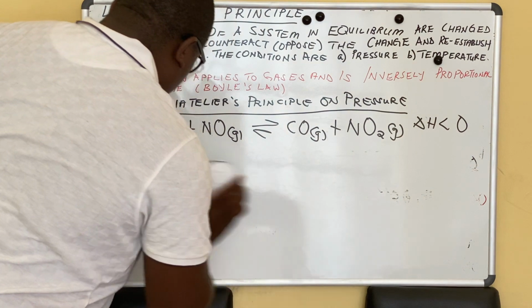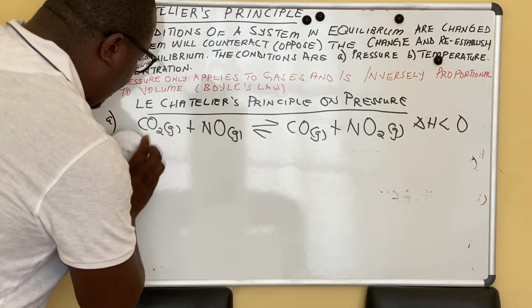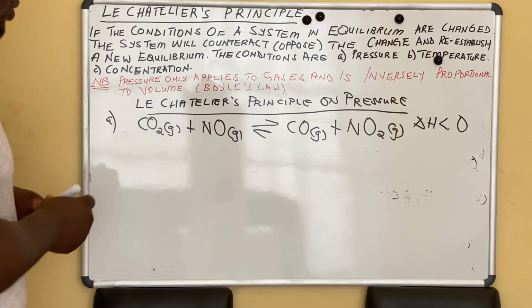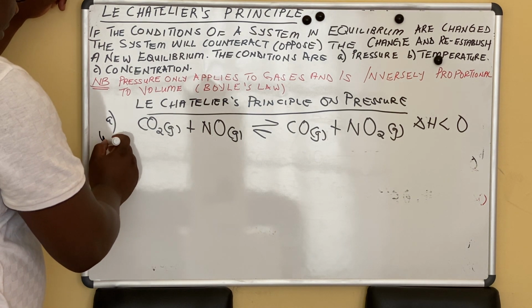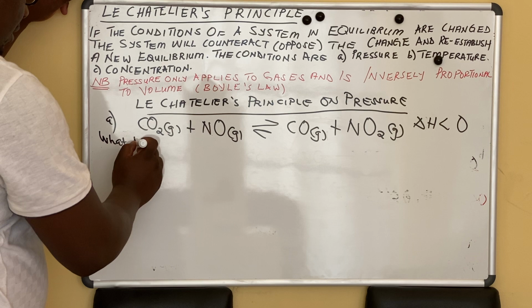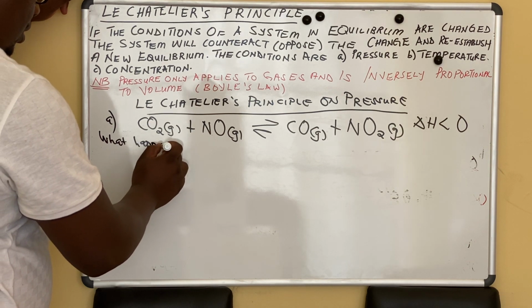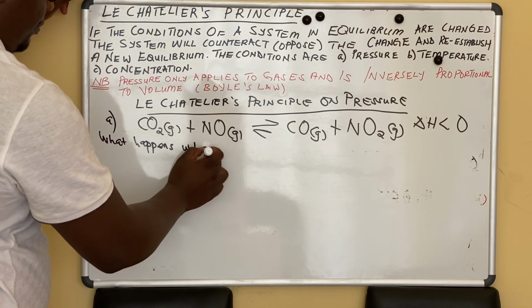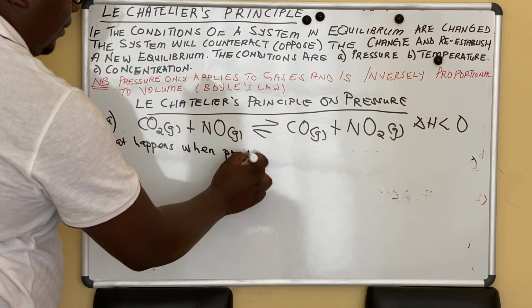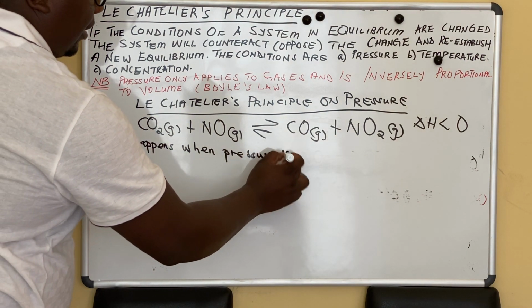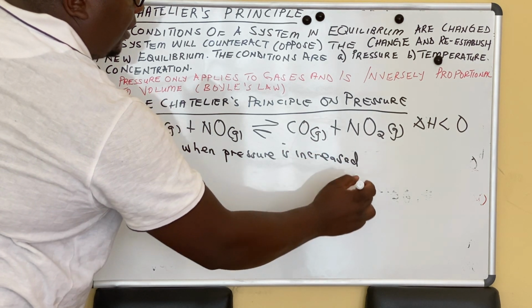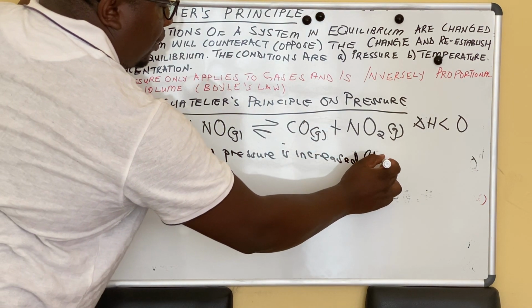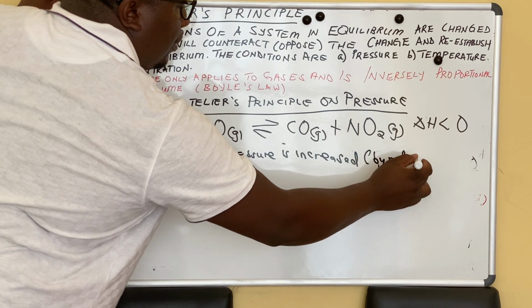Alright. Now, let us say you are told to consider what happens when pressure is increased. Pressure is increased obviously by reducing the volume.